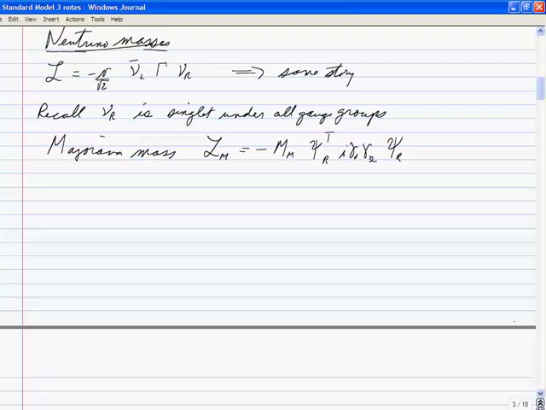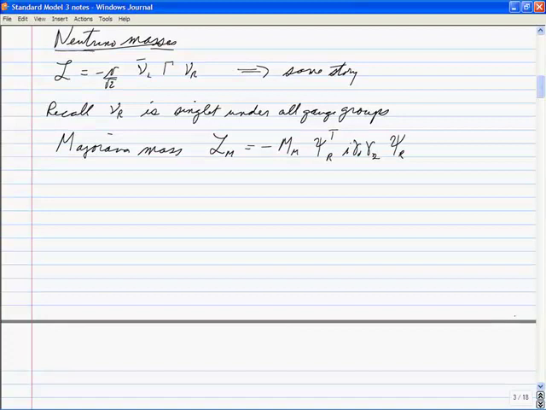Okay. So, in the spirit of if it's not forbidden, it's required, we should add this term. So this term is certainly allowed. So let's add it.